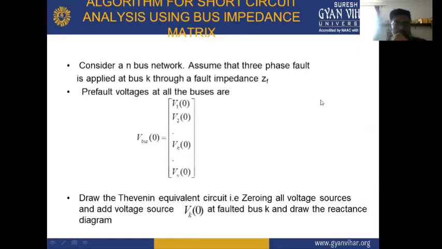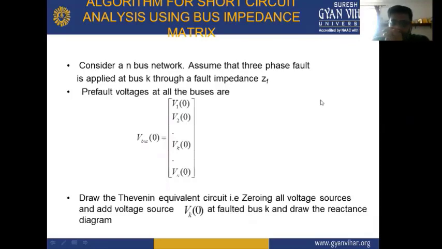Now the algorithm states that consider an n bus network and assume that a three-phase fault is applied at the bus K through a fault impedance of ZF.